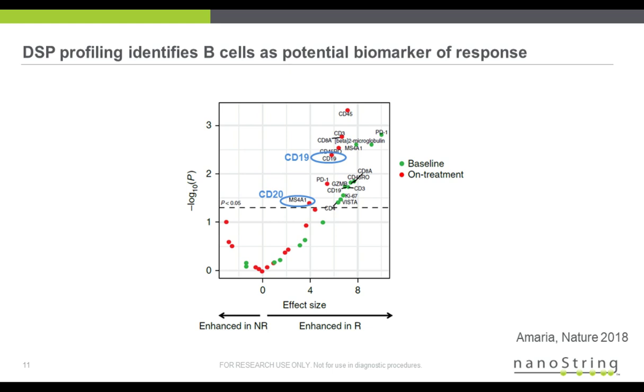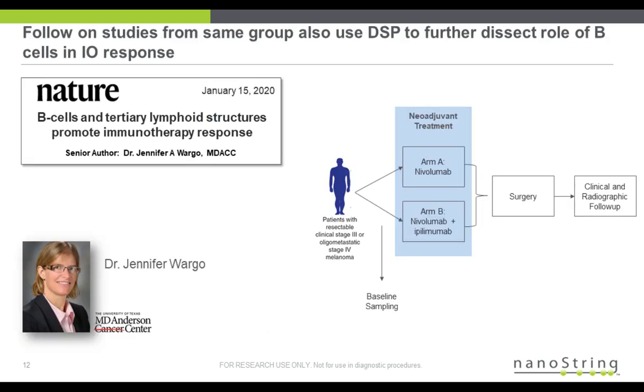So you can see, using 2 different antibodies from a single experiment, we got independent validations that both CD19 and CD20, which are key molecules expressed exclusively on B cells, were expressed at higher levels in patients with good response. And this was exciting and intriguing results because, as I mentioned before, the role of B cells in regulating tumor immune interactions has not been fully elucidated.